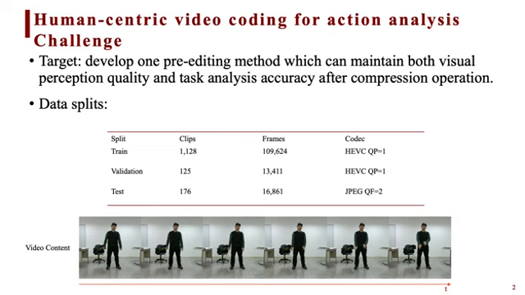The codecs for those data splits are different. The train and validation splits have the HEVC QP1 codec applied before we got the data. And for the test split, we have JPEG QF equal to 2 before we got the data.